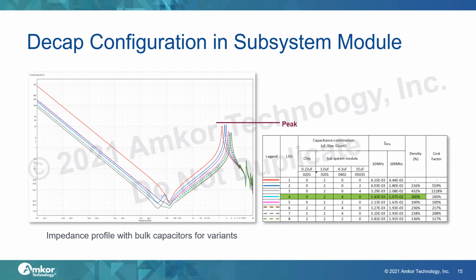Leg number 2 to number 8 have less impact on the impedance peak compared to the number of capacitors and values from 3.3 microfarad 0402 and 15 microfarad 0503-5. The 0402 and 0503-5 are 3-terminal capacitors for low ESR, but the 0201 is just a regular 2-terminal capacitor.